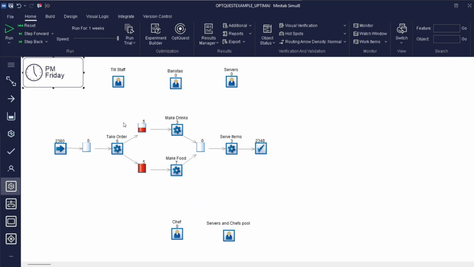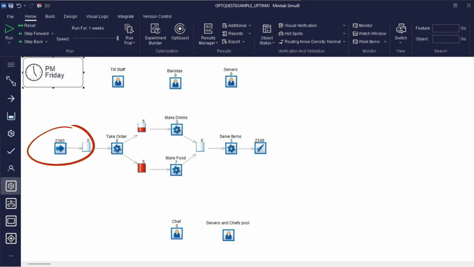The controllable parameters are the number of baristas, chefs, and servers that we can hire on a given day. And the uncertain parameters are the number of people entering the cafe. For simplicity, we will keep all the predefined restrictions from the original scenario the same, so we can easily see the improved optimization Optimi can bring.